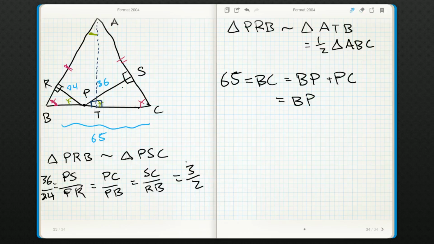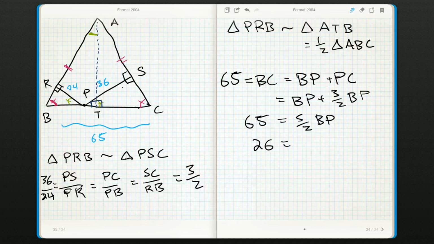But PC is 3.5 times BP. So 65 is 5.5 times BP. So divide both sides by 5, we get 13 is 1/2 BP, multiplied by 2, so 26 is going to be BP.